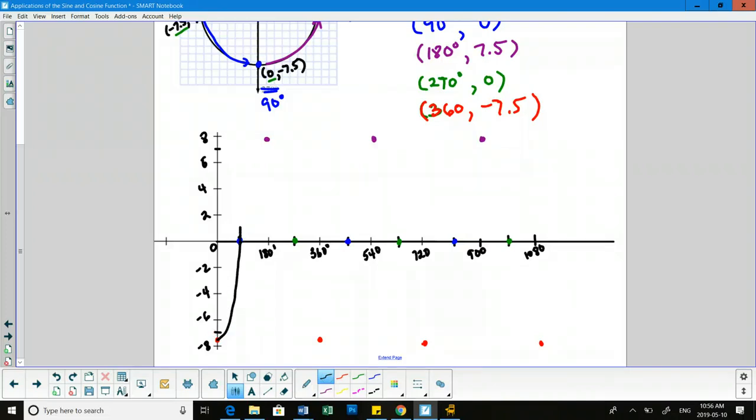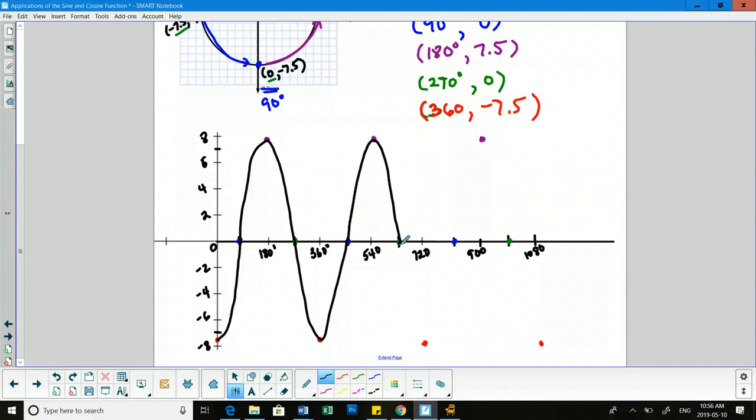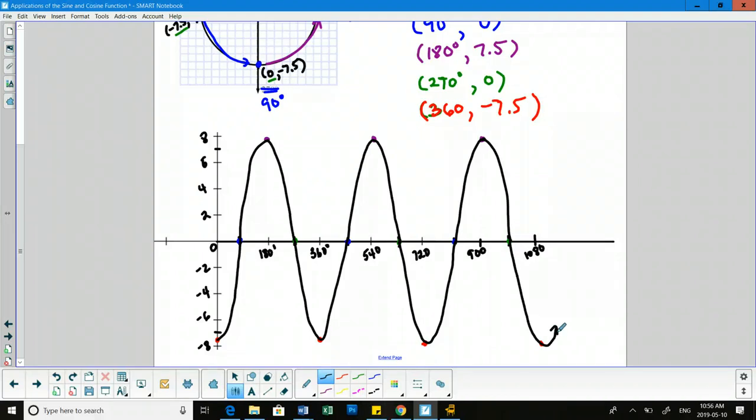We'll do our best to make sure that this looks somewhat curved. And so on, if it continues rotating around.